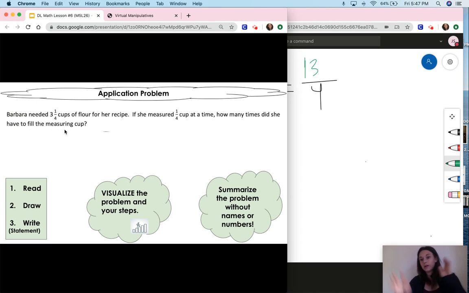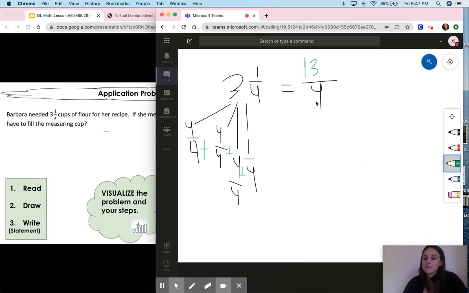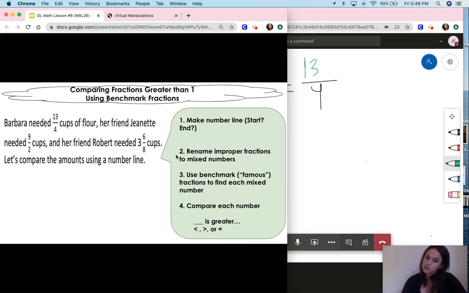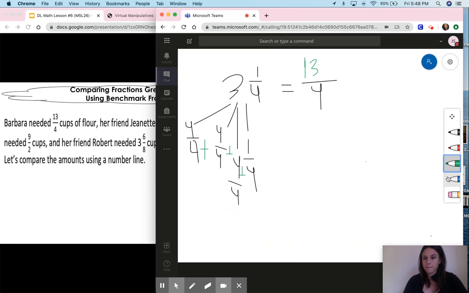I bet Keyshawn's going, yes, that's what we did all week last week on Teams. Yep, she has to fill it up. How many times, Keyshawn? Nice, 13 times. 1, 2, 3. It's kind of annoying, but if you only have a 1/4 measuring cup, you don't have any other choice. Okay. Let's move on now to our new learning.